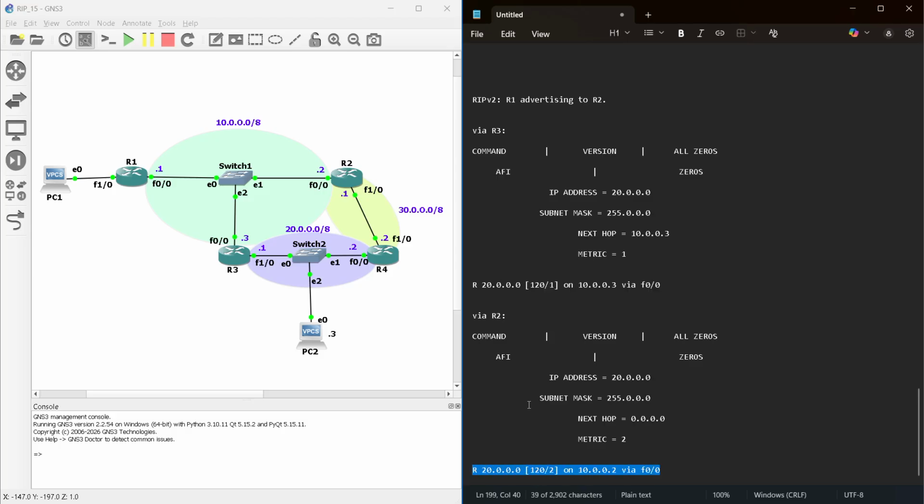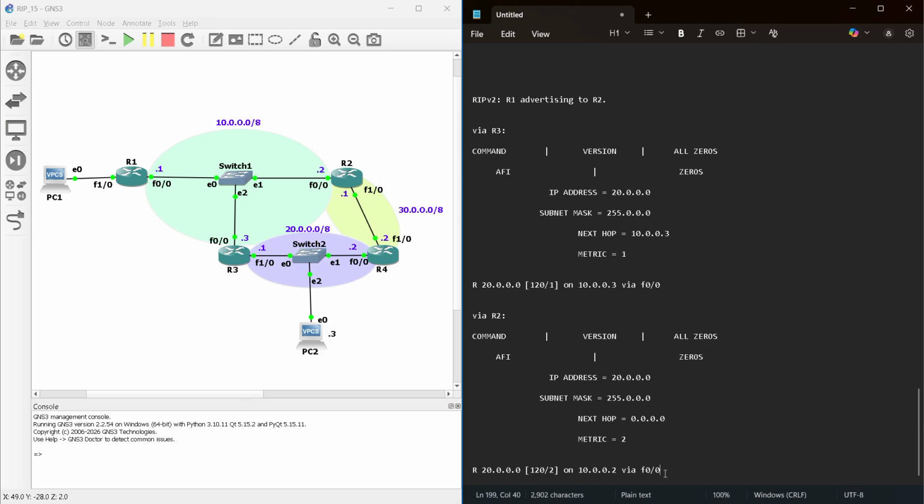But after we manually configured the best path, when R1 reaches R2 asking about the 20 network, because it is not configured with RIP, R2 is saying, don't ask me about the 20 network, go to R3 on this particular hop and you will find it, right?